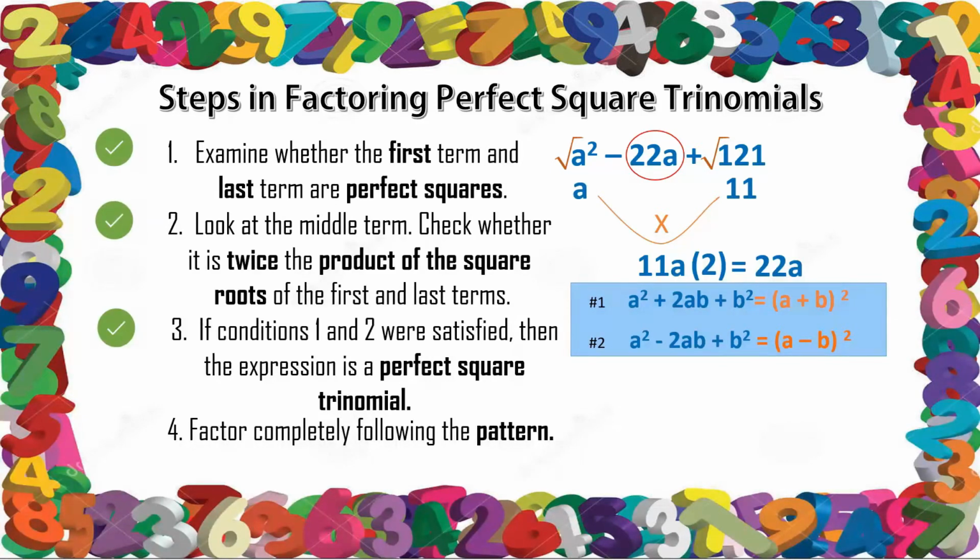Since our given expression is the same as pattern number 2, then we have quantity square root of a squared, which is a, minus, since our original expression uses subtraction in the middle term operation.